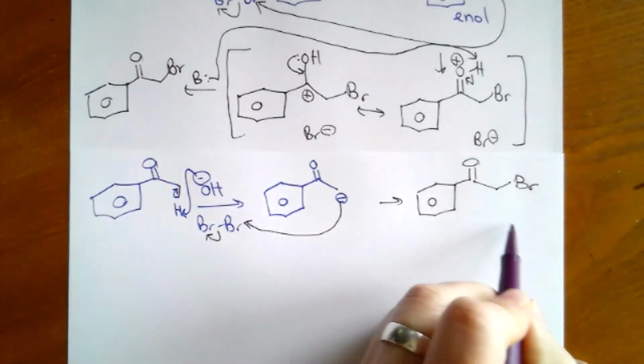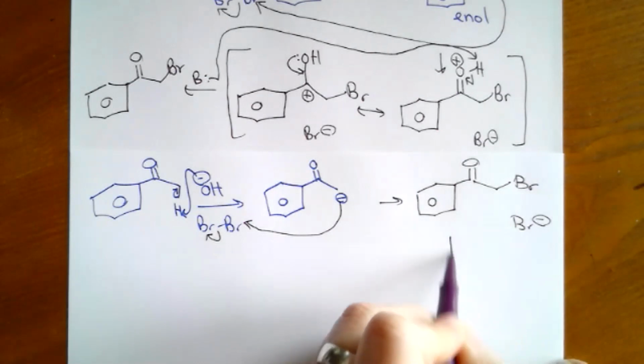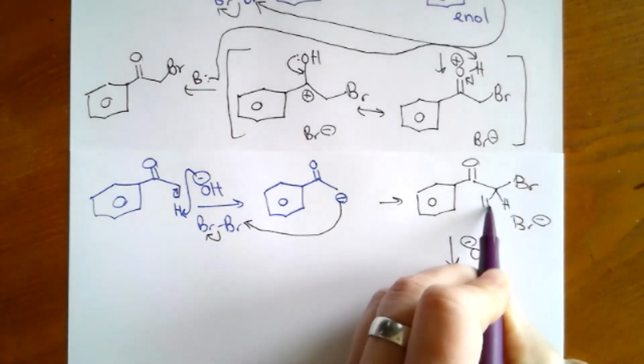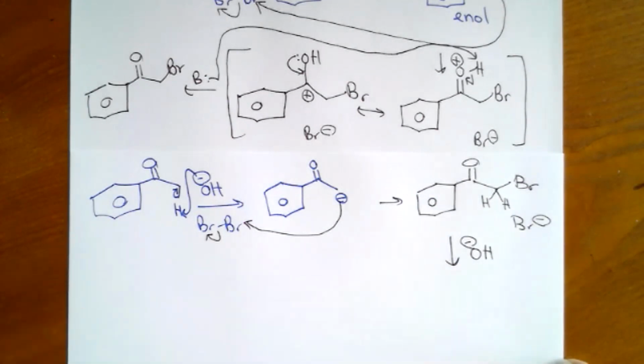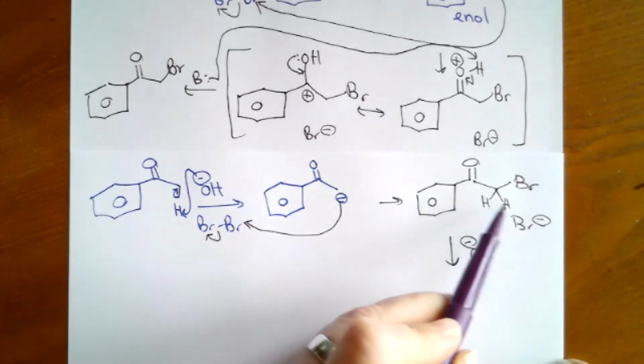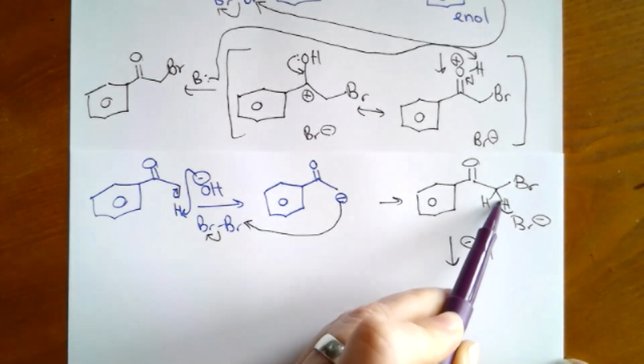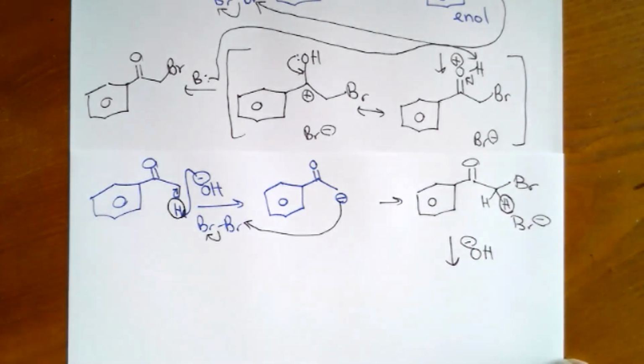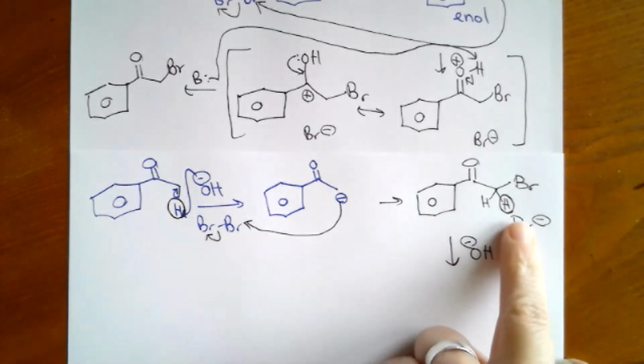But what's different this time is you still have alpha hydrogens and you're reacting in base. If you compare this purple alpha hydrogen to this blue alpha hydrogen, the purple alpha hydrogen is much more acidic. Maybe I overemphasized that.